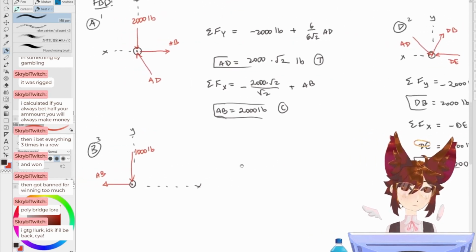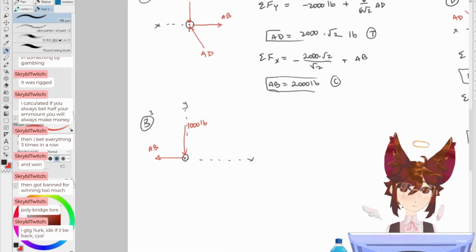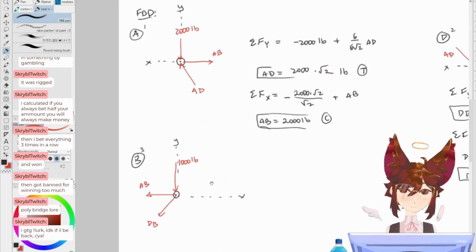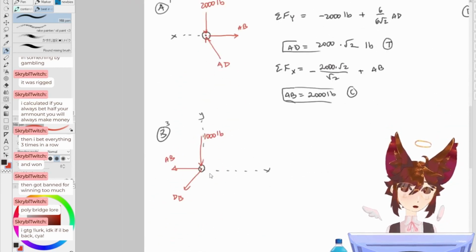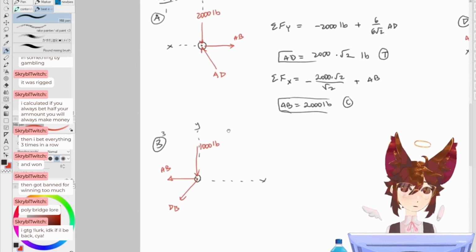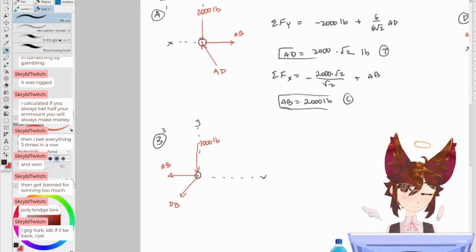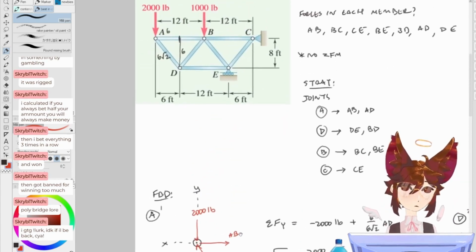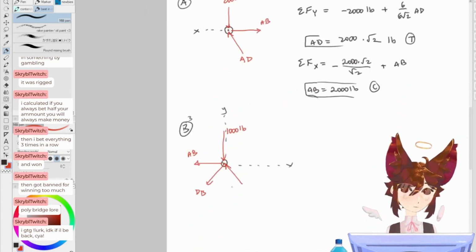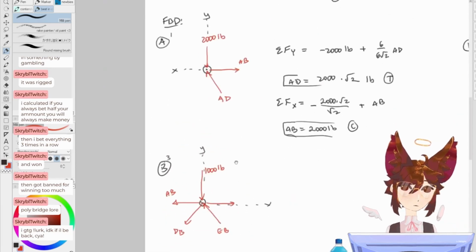We've got DB, which is pulling this way. We've got BE, which I don't know which way it's going to pull. It's probably going to push, because we have a downward and a downward, so we need an upward. That's EB. And then we have many things this way, so we need to go this way with our BC.